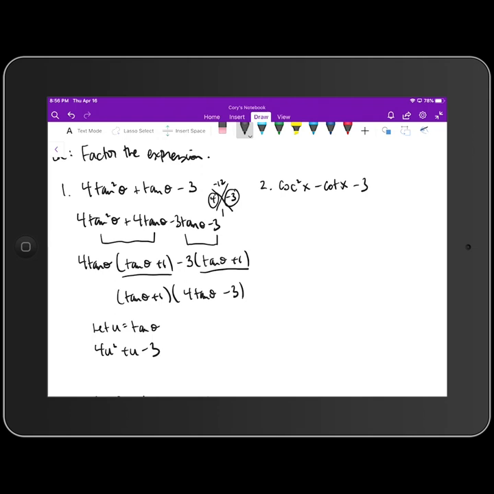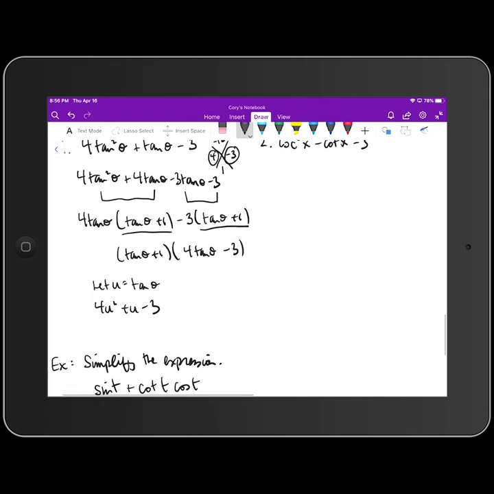And then you would factor that in the same way. That would factor to u plus 1 using the same technique times 4u minus 3. And then the last thing you would do is go back and resubstitute tangent in the place of u. And that would give you the same factorized expression as the one that we came up with.